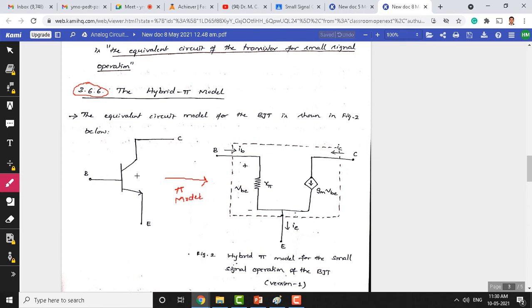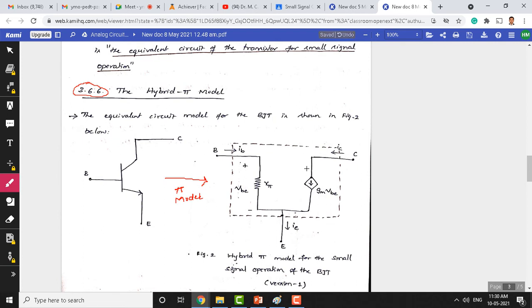Many times, instead of using the actual transistor for circuit analysis, we can use this model. If you look at it in an inverted way, this circuit looks like a pi. That's why this is called a pi model.